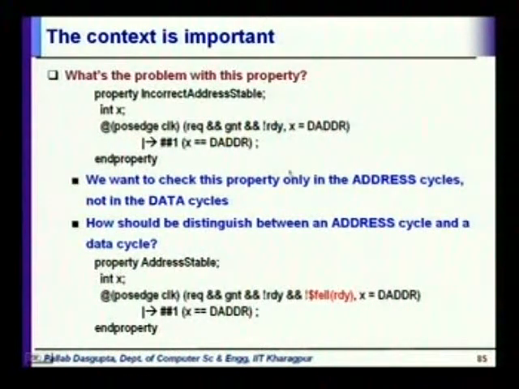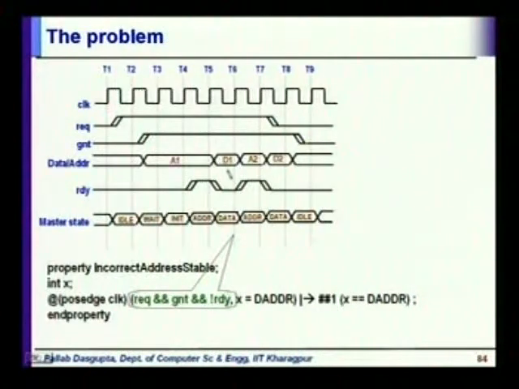So we want to check this property on the address cycle. We write it like this: request and grant and not ready and not $fell(ready). Now what is $fell(ready)? $fell is the opposite of $rose. So this is being used to distinguish between these two scenarios. Where did we have $fell(ready)? See here, in this cycle, at this point we have $fell(ready). Why?